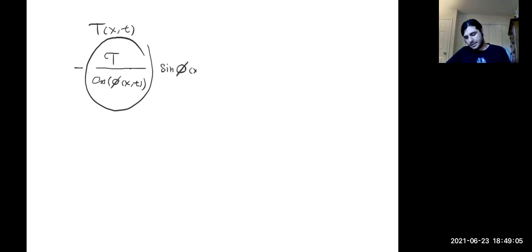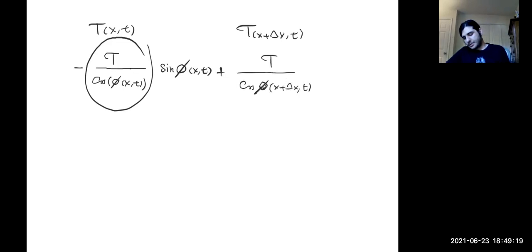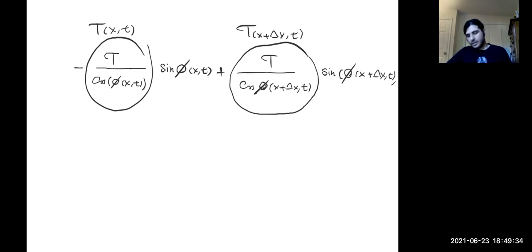Sine of phi at (x,t), plus, then we had T(x+Δx,t). I'm going to replace that by T over cosine of phi at (x+Δx,t), times sine of phi at (x+Δx,t), right? Minus mg equals ma, where a is the second derivative.